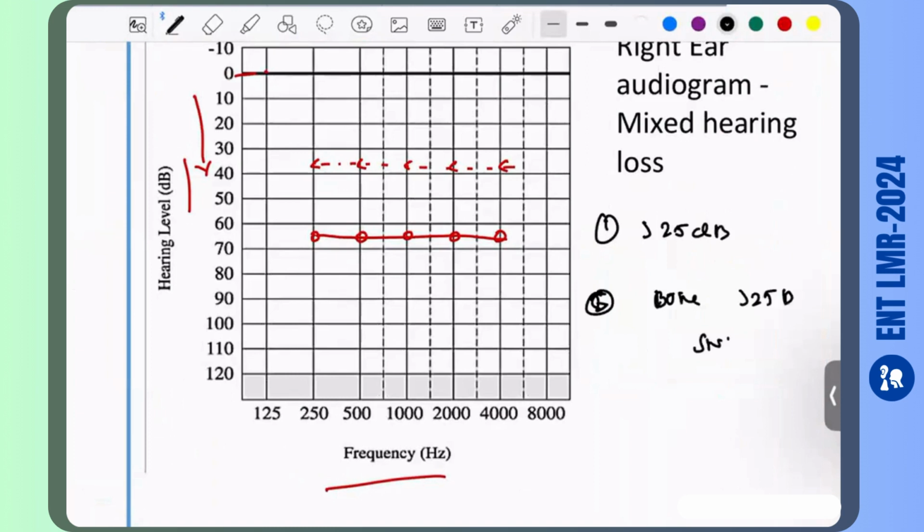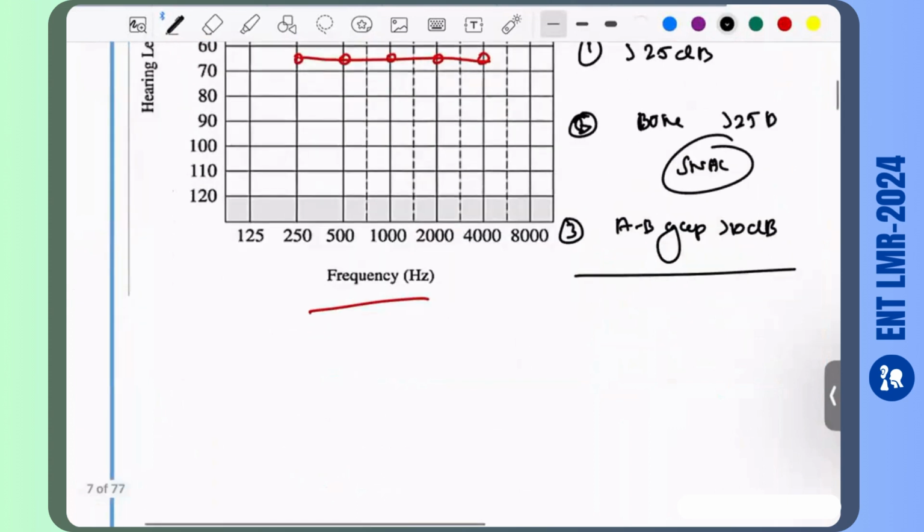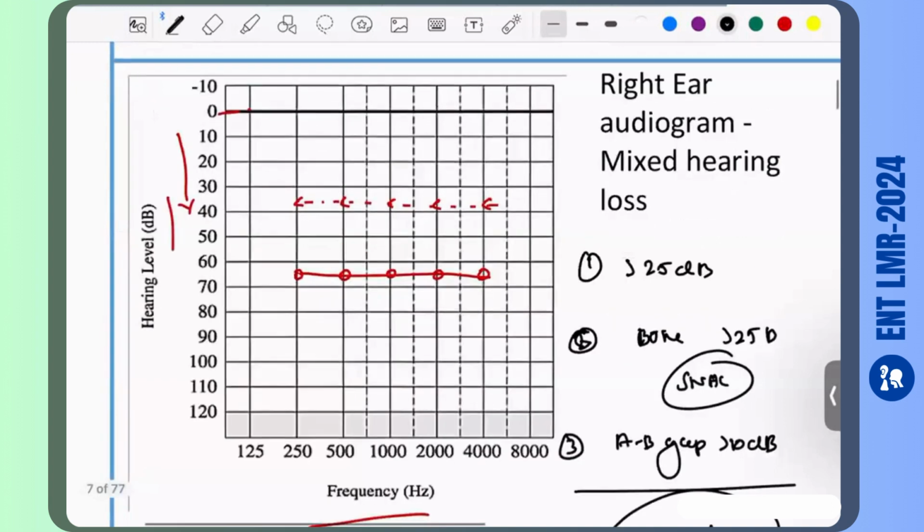SNHL is present. But thumb rule number 3, the air bone gap is more than 10 decibel, which means that conductive loss is present. So the patient will be having both conductive loss and sensory neural hearing loss. It is mixed hearing loss.